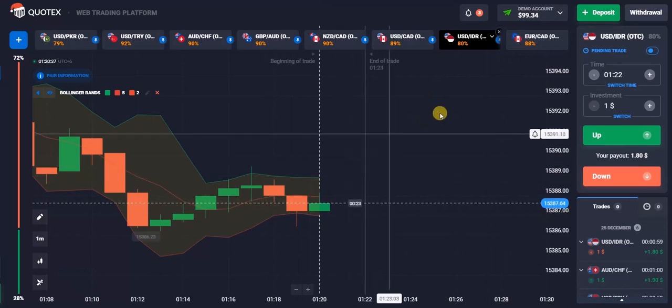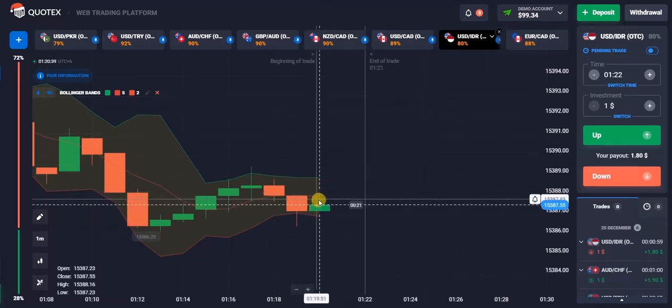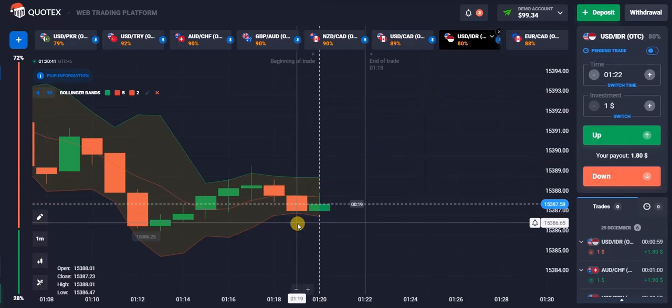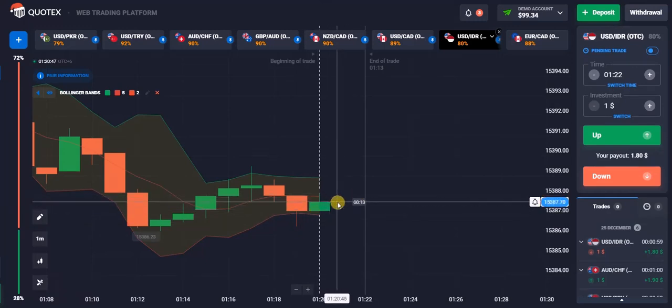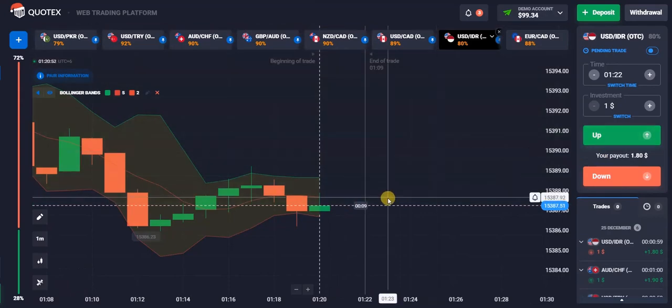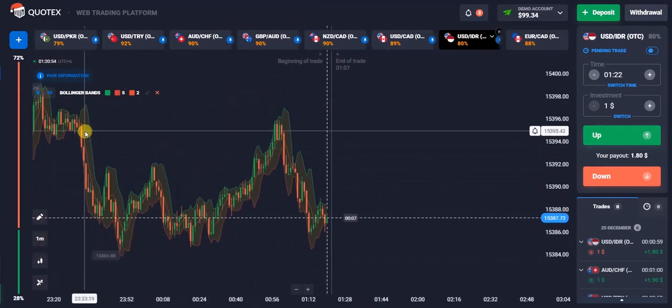Okay, interesting, here we got another opportunity. This red candle touched the bottom line, and now it is creating a green candle. So if it is a healthy green candle, we're gonna take an up, even though the major trend is down.